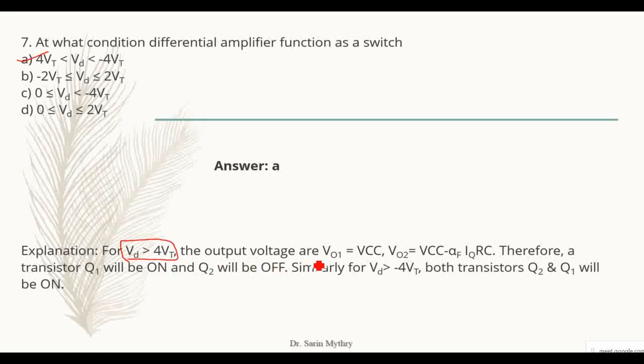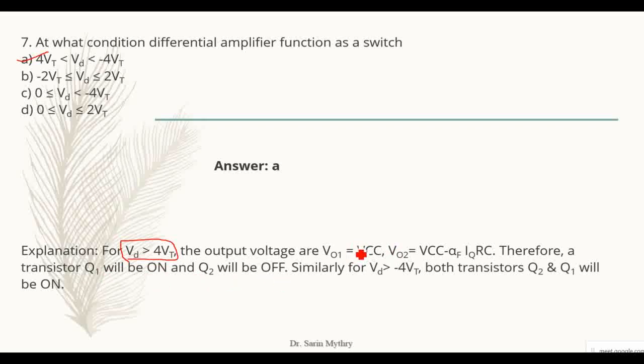The output voltages are VO1 equal to VCC and VO2 equal to VCC minus alpha F into IQ into RC. This formula we have studied. Therefore, transistor Q1 will be on and Q2 will be off.